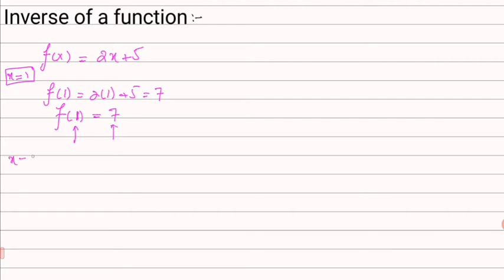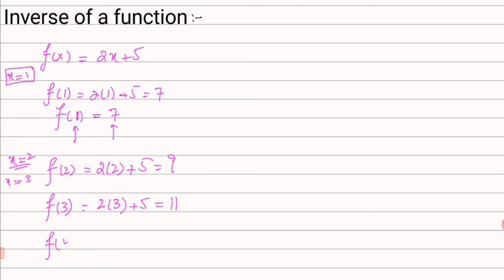Let's check for x equal to 2. f of 2 is equal to 4 plus 5, so it's 9. Let's find the value at x equal to 3. f of 3 is equal to 2 into 3 plus 5, 11.